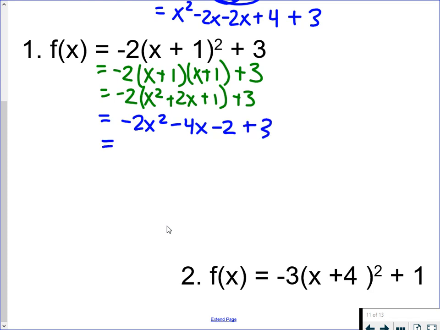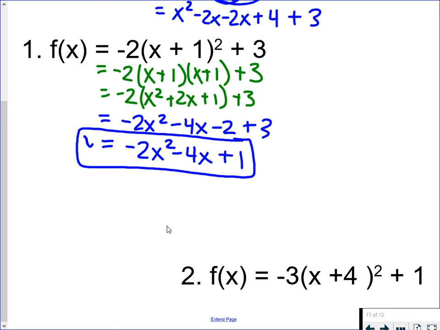And my last step would be negative 2x squared minus 4x plus 1. Okay? So no matter if you distribute the negative 2 to one of the x plus 1s and then double distribute, or you waited until after you were done double distributing, okay? Any questions on those?